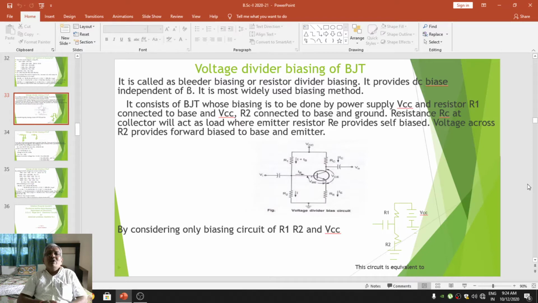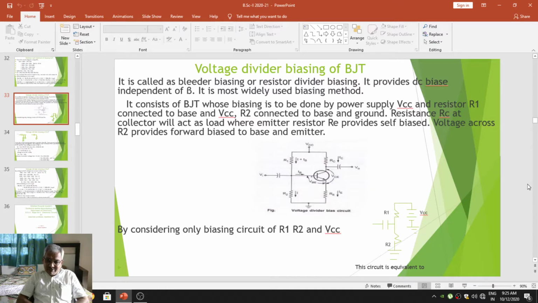Once again we are going to continue with transistor biasing, topic number 2. In that, we are going to study methods of biasing the BJT. We have already studied two methods of biasing.